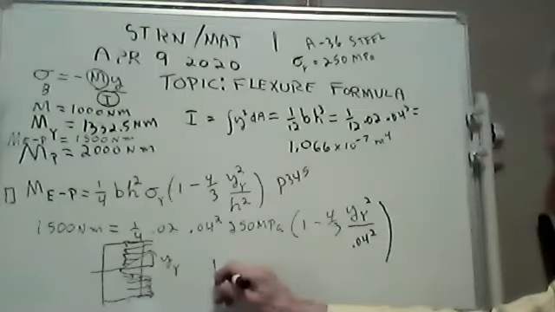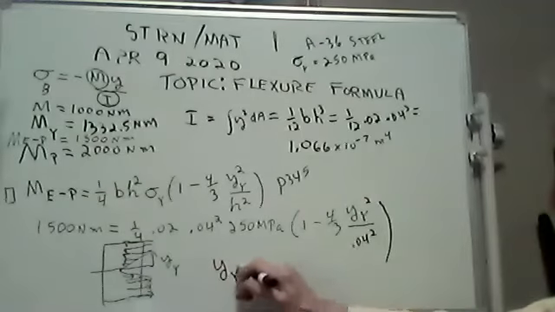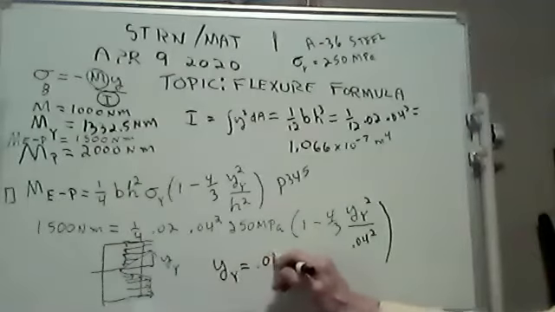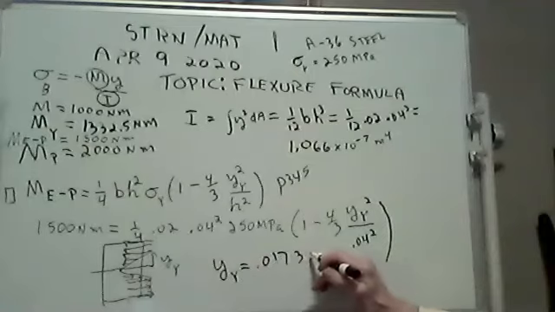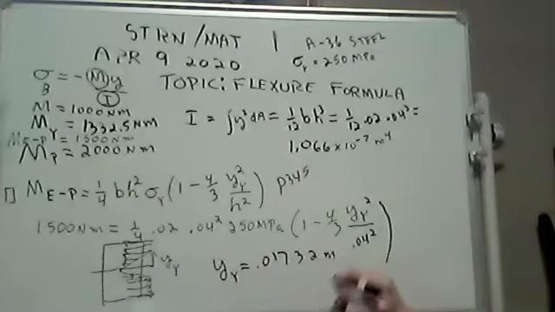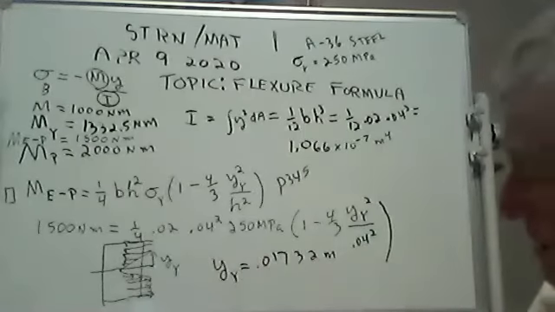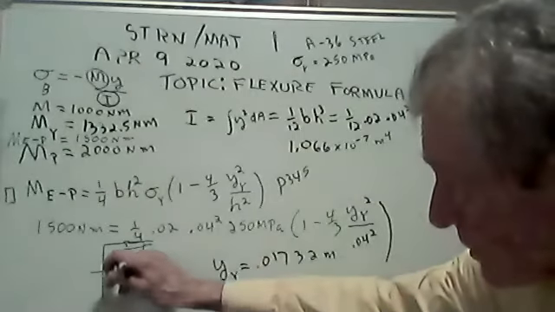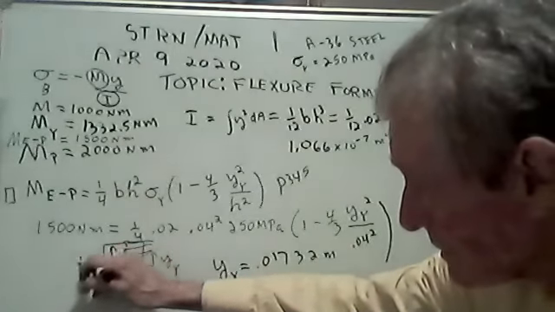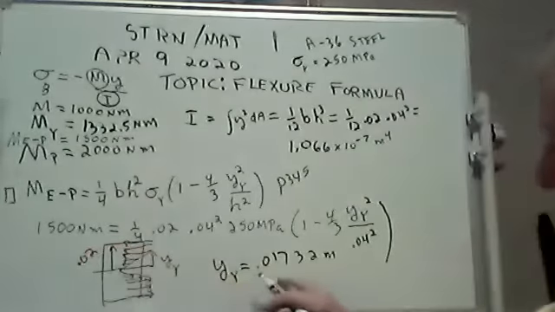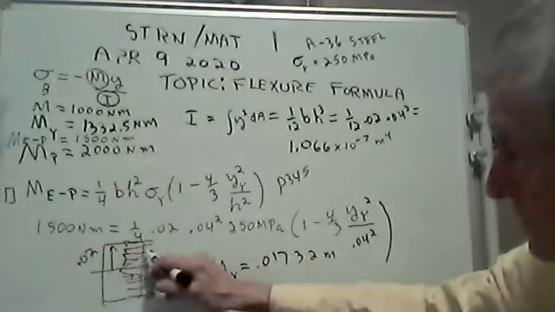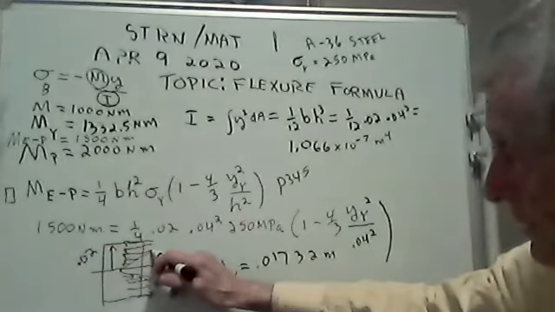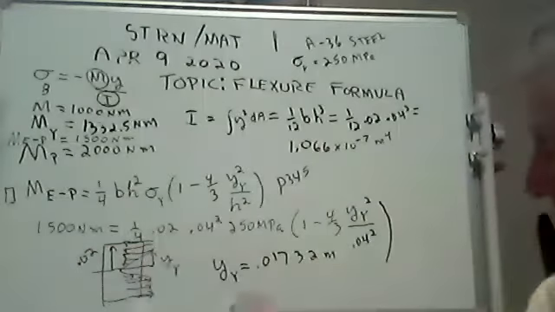Well, I got an answer of 0.01732 meters. See, from here to here is 0.02 meters. And from here to where it starts to go plastic is 0.01732 meters.